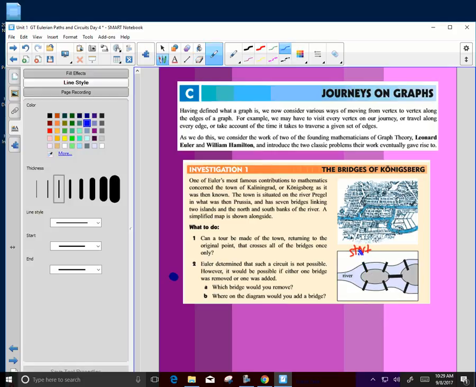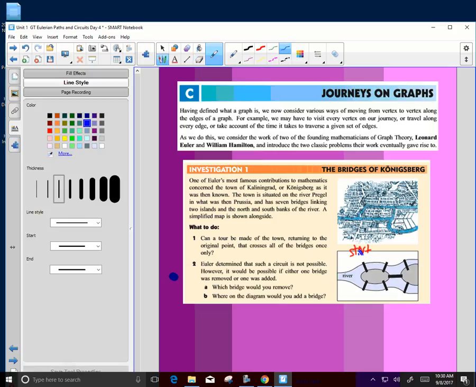And where on the diagram could you add a bridge so that you could make it back? So if we did to the bottom, so now you go here, here, here, but I'd end up on the island, I think, unless I'm doing this wrong. No, you're right. Yeah, you'd be short one. I think you'd need two there as well.